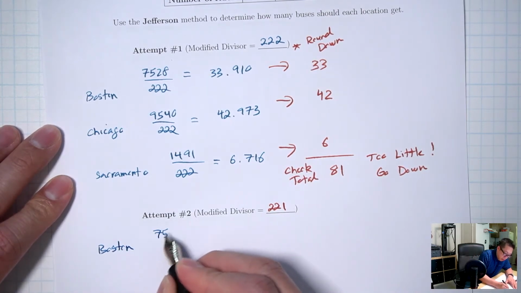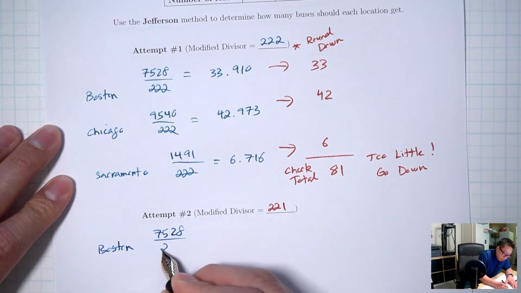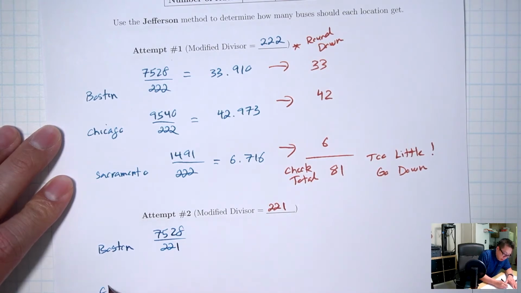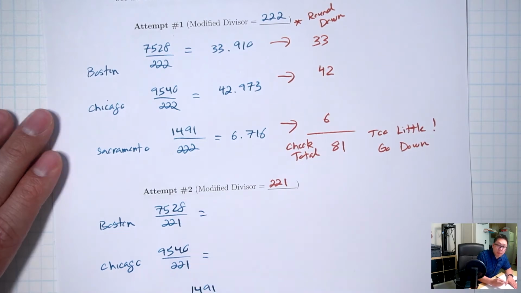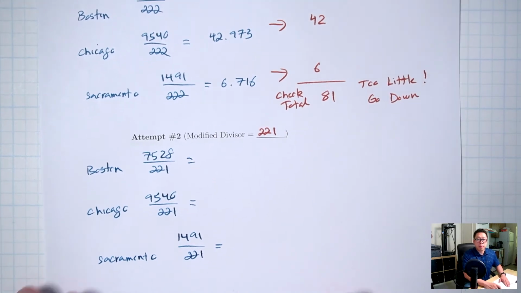So 7528 over 221. Chicago, 9540 over 221. And Sacramento, 1491 over 221. Right? Divide. 7528 divided by 221, round to 3 decimal places.